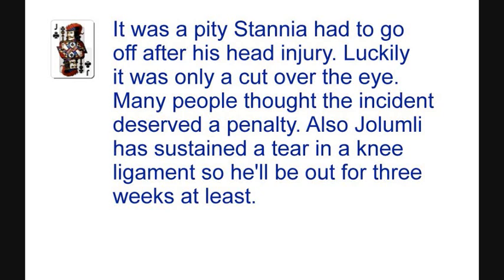Also, Jalumli has sustained a tear in a knee ligament, so he'll be out for 3 weeks at least.